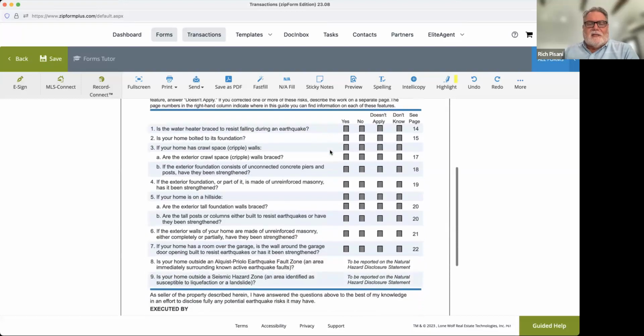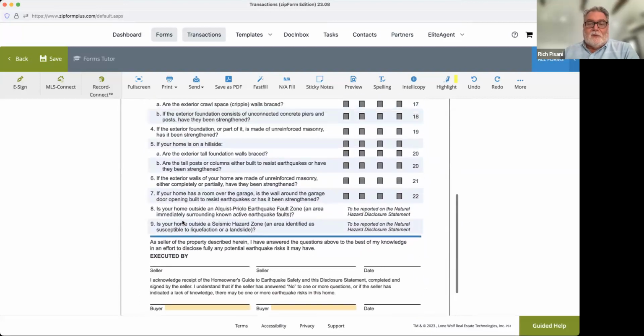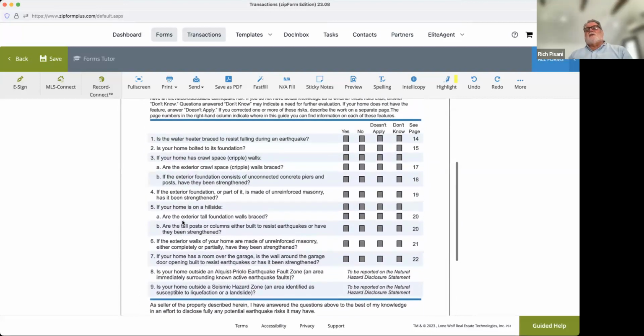They just answer all of these questions to the best of their ability, and then they sign it. This is easier because everybody's given the option of I don't know. But here's the thing, listing agents: if the house is on a hillside and your seller says don't know, you kind of have to step in and say, you see that thing that drops there? That means you're on a hill.